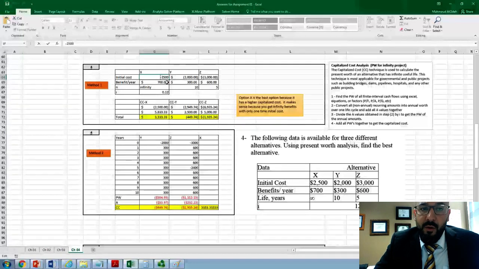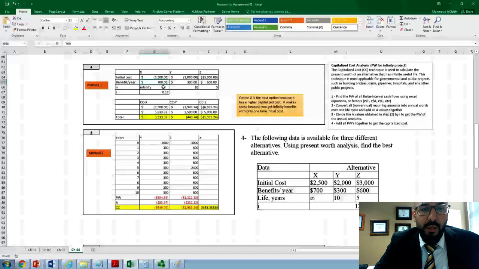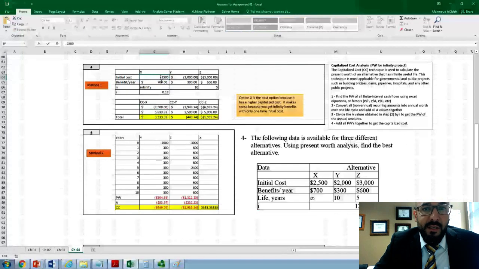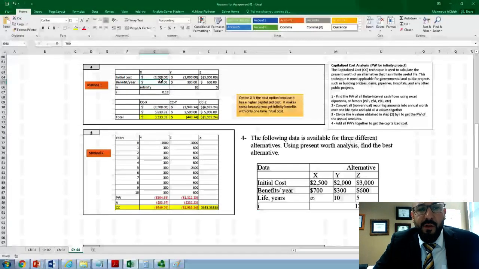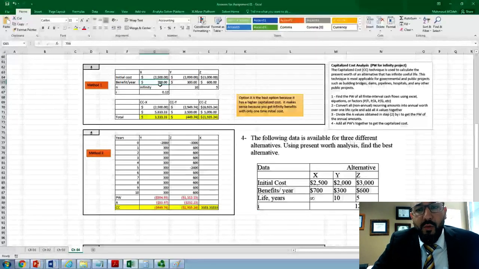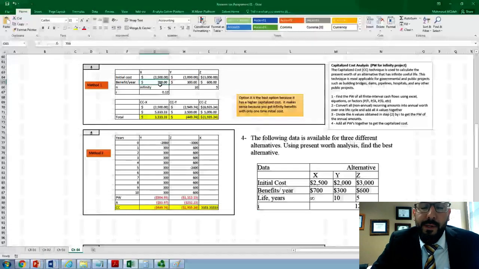It's only happening one time, and it is in present worth, so we leave it as is. We don't need to change it. Just add minus 2,500. This is the initial cost. And for the benefit per year, we have a $700 benefit per year, and this is where we need to convert it into capitalized cost, into a present worth.